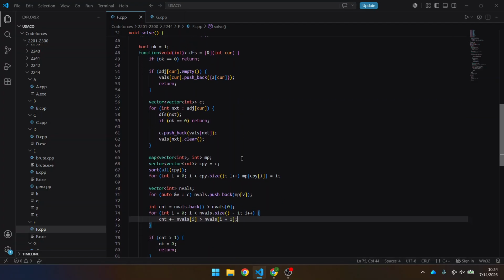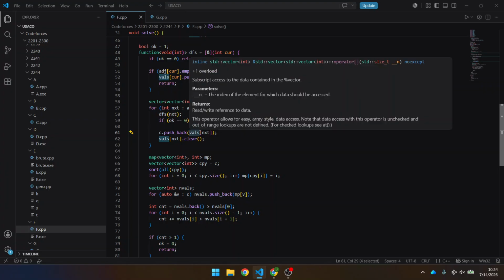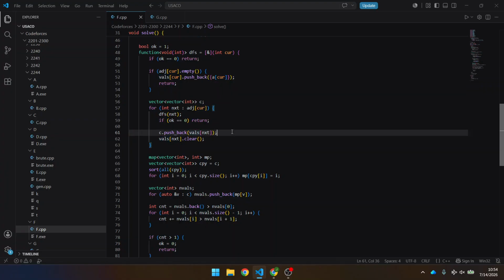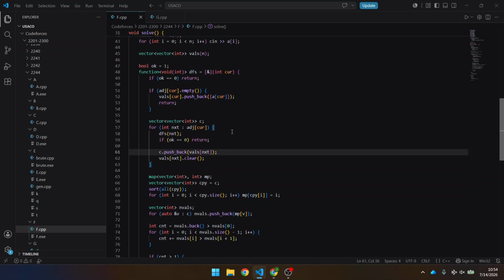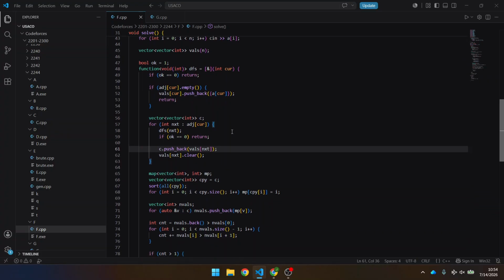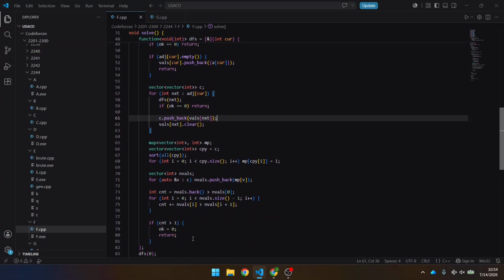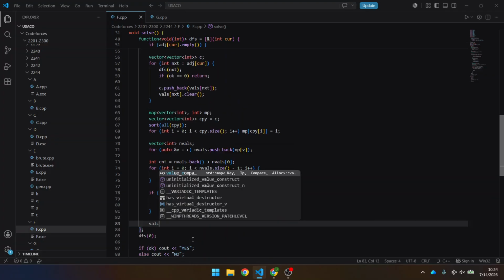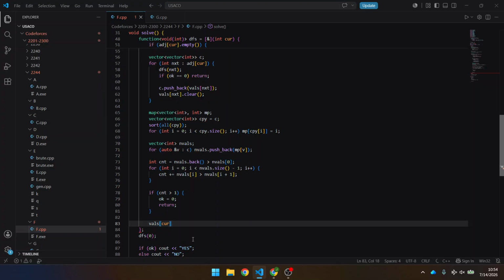Did we forget to update vals, right? C dot pushback vals. Okay, so we never updated the vals cur. So that's a problem. Okay, so vals cur. This should just be a vector of all the things, right?